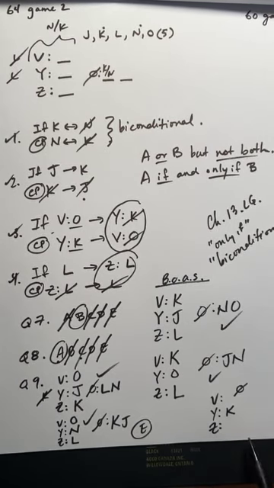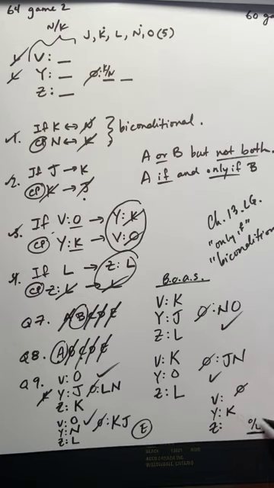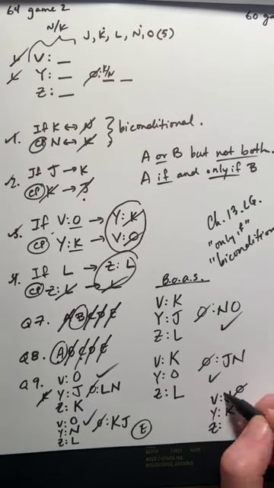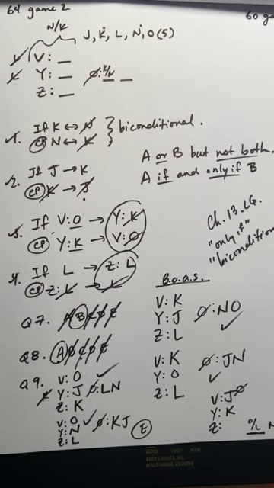So we can't have both O and L here. So I'm just going to kind of put that there. Basically, one of these guys has to be out. We know N has to be out. So now we know that J has to be in. And if J is in, J has to be assigned to Venezuela.